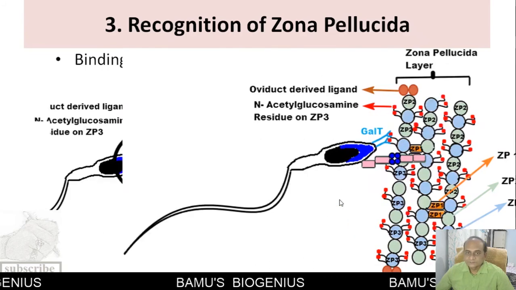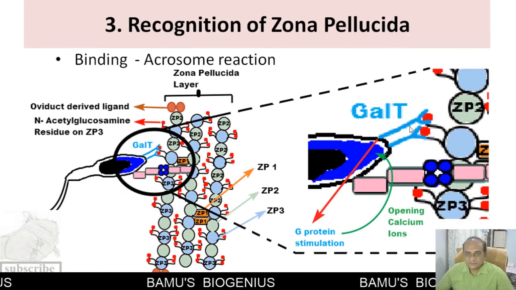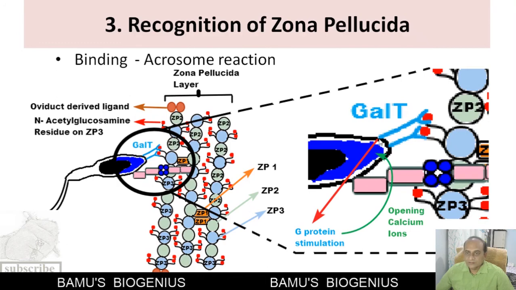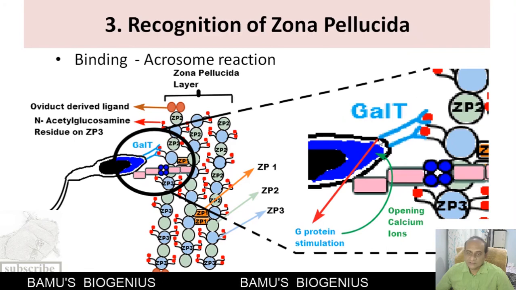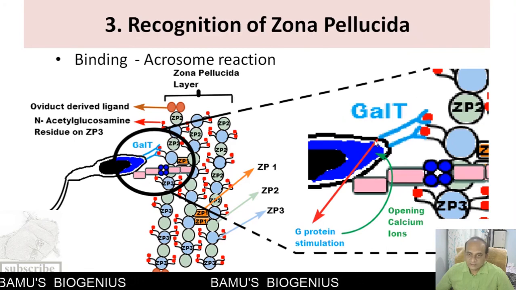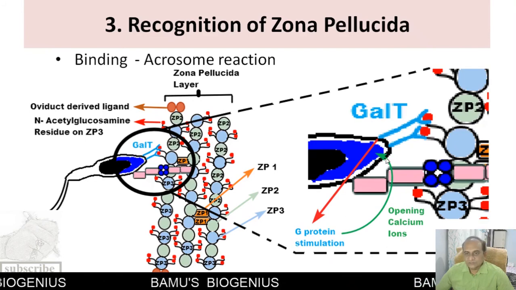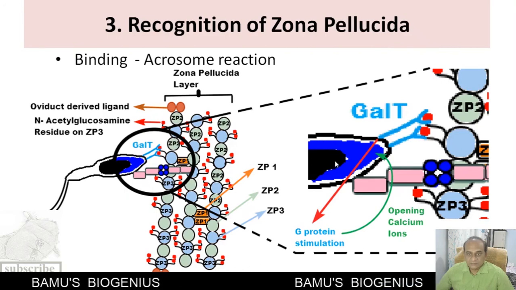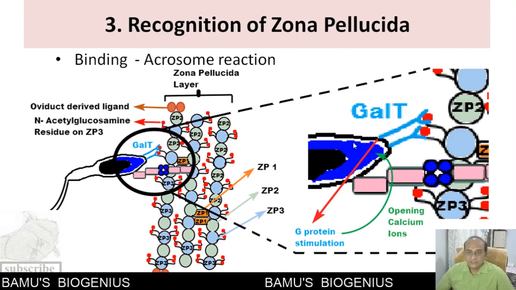Now, as soon as this GALT interacts with the N-acetyl glucosamine residue on the ZP3, its intracellular domain gets activated, and the intracellular domain stimulates the G protein. Because of the stimulation of the G protein, calcium ion channels open, and because of this increase in intracellular calcium ions, there is a fusion of the acrosomal vesicle and the sperm plasma membrane.